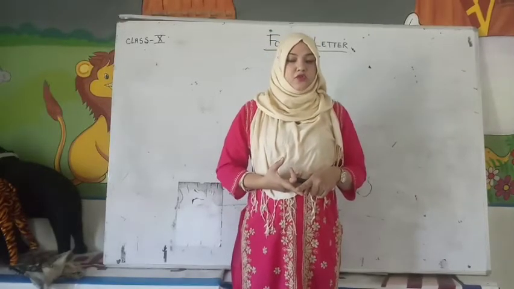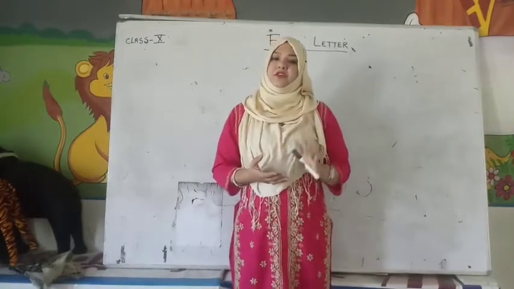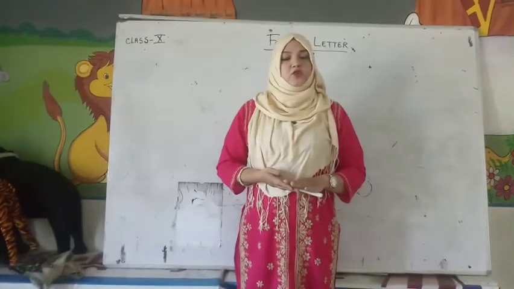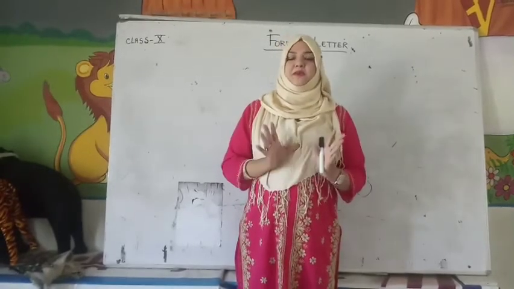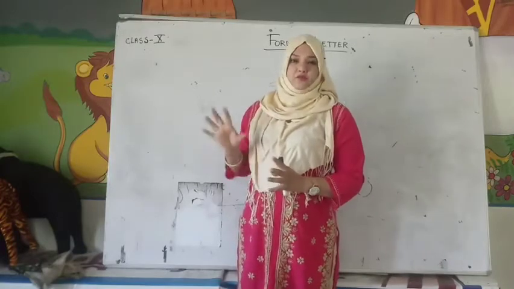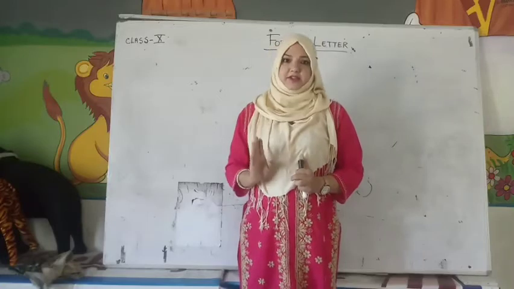Alright. So in each category, I'll be giving you one letter each. So that way you'll have four letters. Alright. So the format, you'll be having an example of how to write a letter. So that will help you out. Alright. Learn the letters, please.